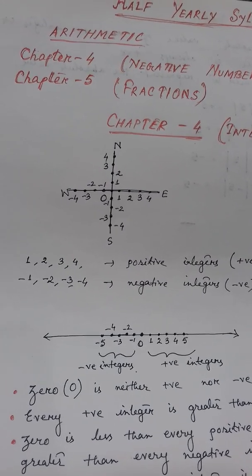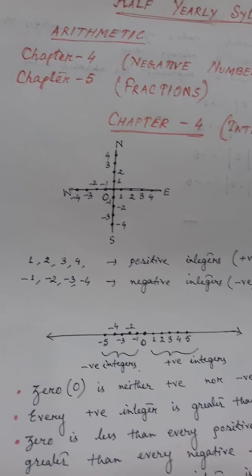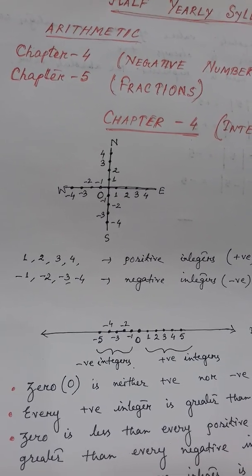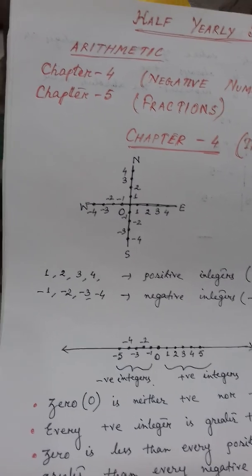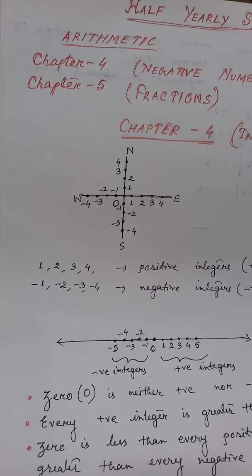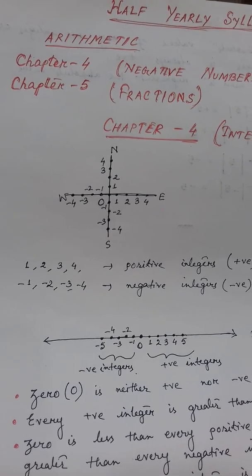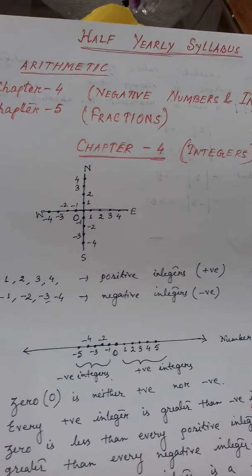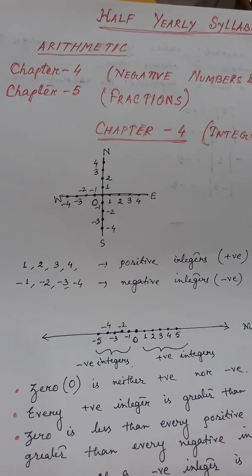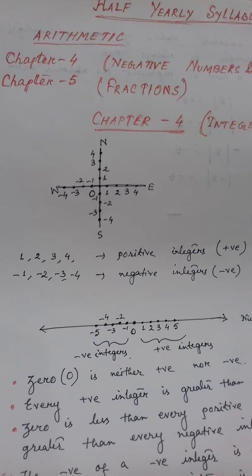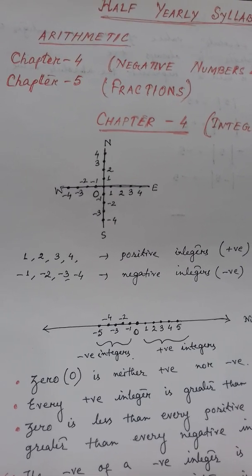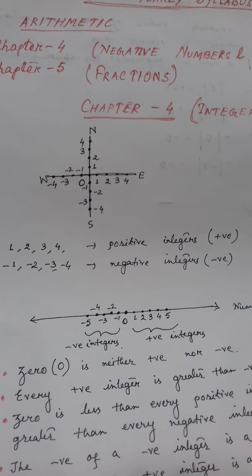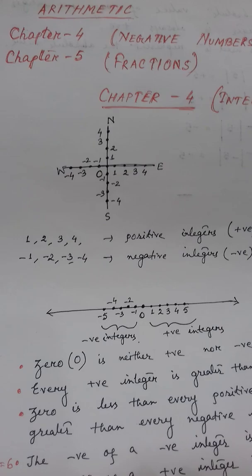Now there will be positive integers and negative integers, but positive integers and natural numbers are the same. Clear? Now integers cannot be fraction or decimal. So there are only two types of integers. One is positive integers, another one is negative integers.